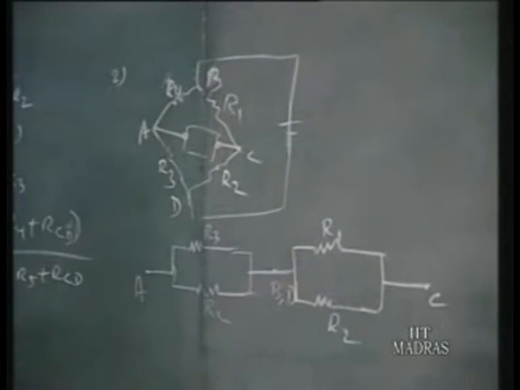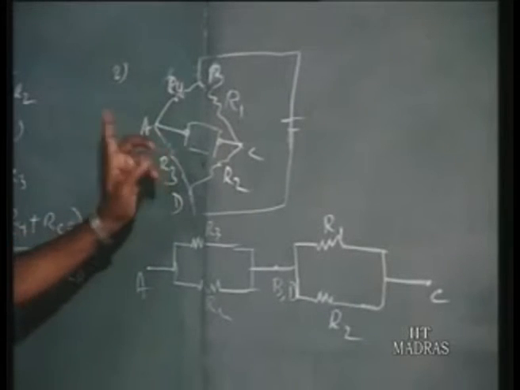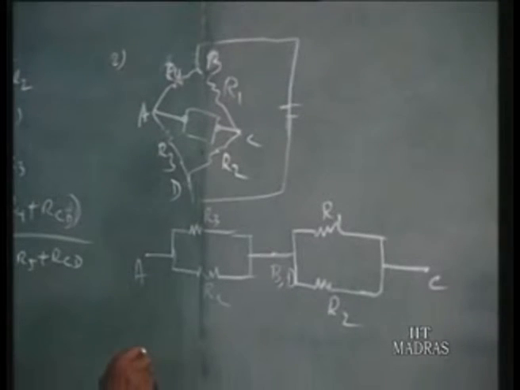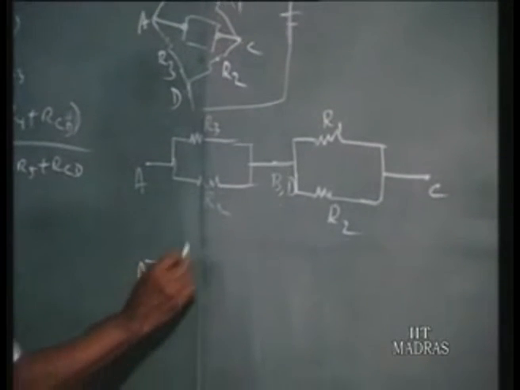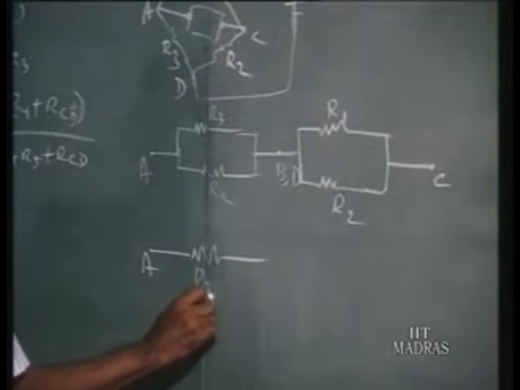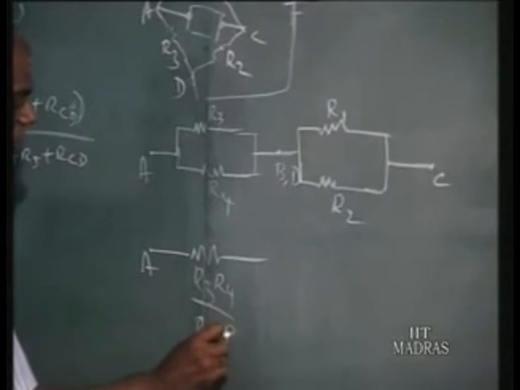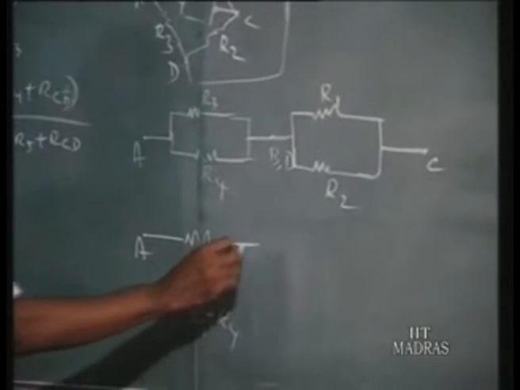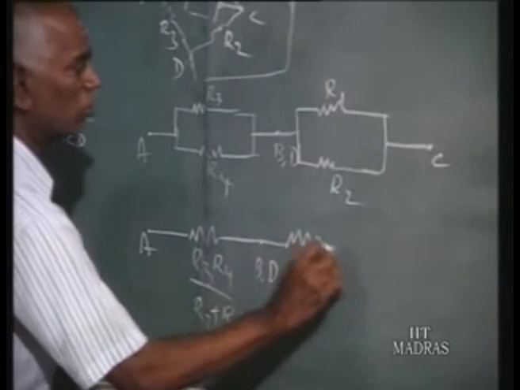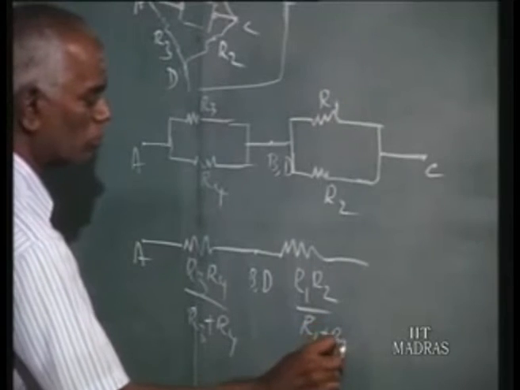Now if we find out the equivalent resistance of this circuit, which is easier, we know what is the resistance across AC. So to say, now we can write it starting with point A. This equivalent resistance is R3 R4 by R3 plus R4. That is the resistance of this parallel path. We have reached BD, and now this resistance is R1 R2 divided by R1 plus R2.